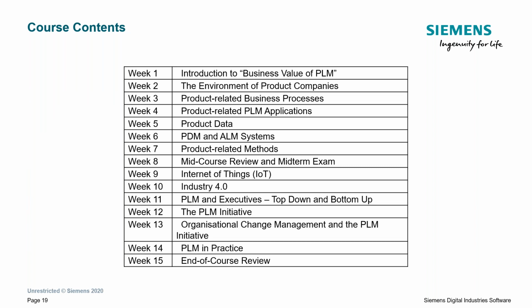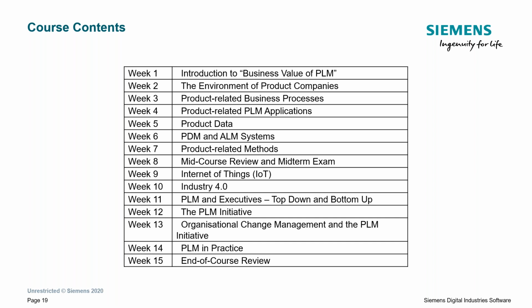So overall, the 15-week structure is seen here. We start with the introduction to the course, and then we describe the state the companies are in today. Then we focus on business processes, the applications, the systems, many of them.